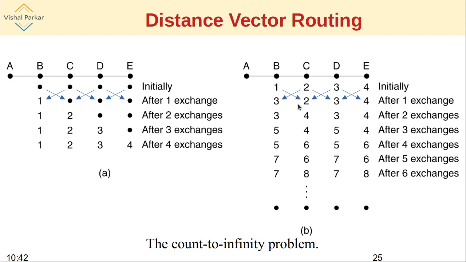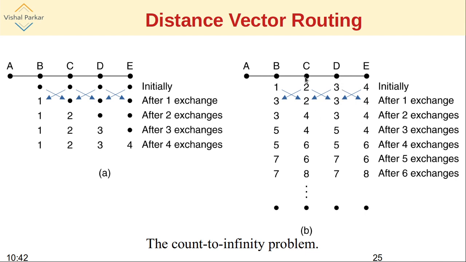In the next exchange, what happens? The previous distances will be exchanged like this. B exchanges the new hopping distance, which is 3, to C, and D also gives the new distance to A as 3.